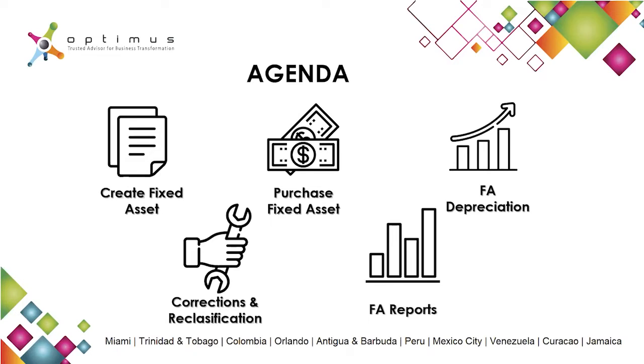Then we're going to go with the workflow. And for you to know, a fixed asset is a piece of equipment that on the accounting side is considered part of your own inventory as well. Inventory is something you purchase and have in the asset section, and so is a fixed asset. But the only difference is that an asset is something you might not be selling in order to get profit.